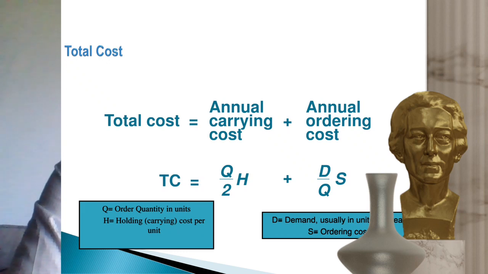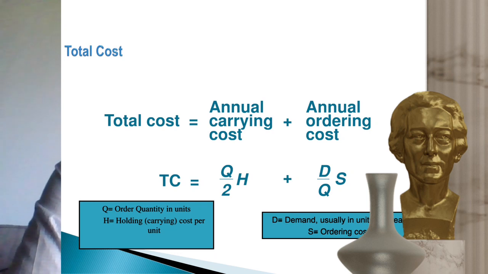So total cost is equal to Q divided by 2, that is average inventory, multiplied by holding cost per unit. How much will be the cost when you are storing it in a godown?